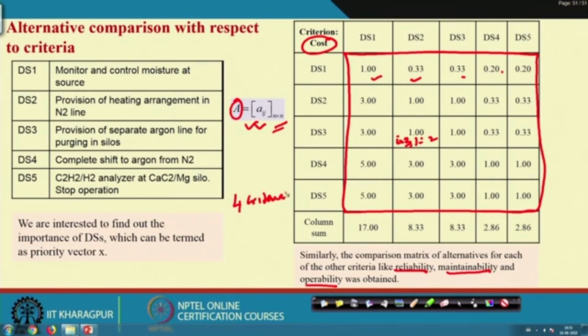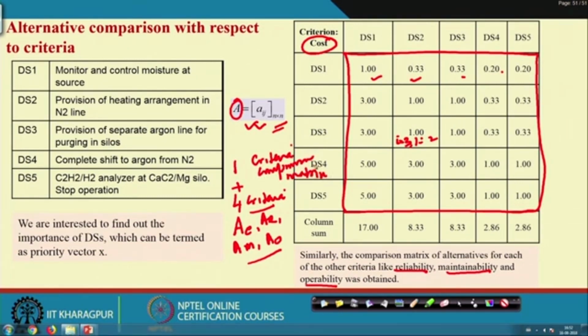So, you will be getting 4 comparison matrices: A cost, A reliability, A maintainability and A operability. In addition, the criteria themselves will be compared amongst each other. So, one more will be there, which is the criteria comparison matrix.